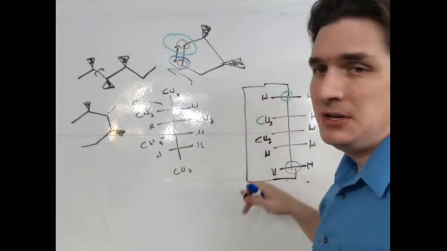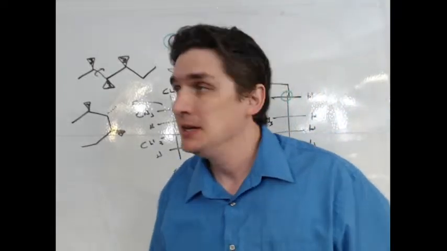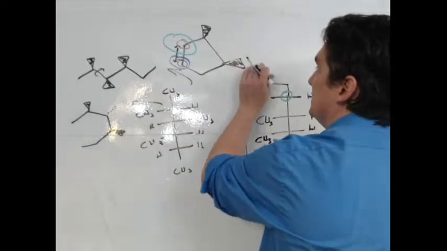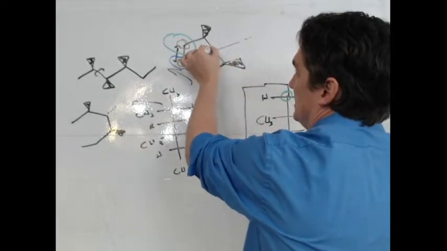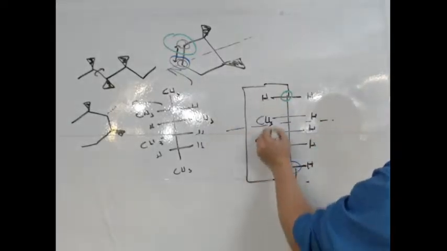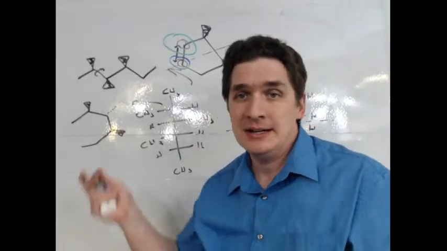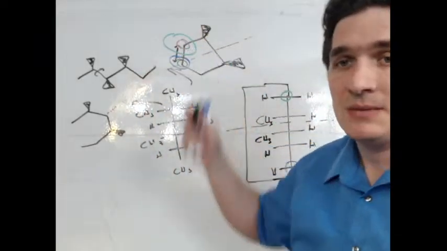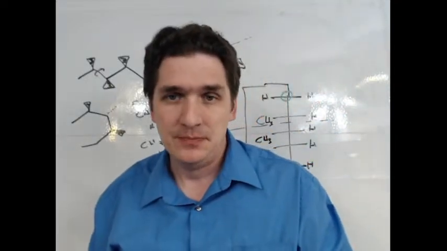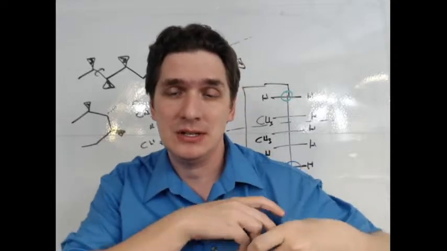But here, depending on where we start and stop in the Fischer projection, it's not as apparent if there's any mirror planes. So if I have something like this complex, here I don't see a mirror plane on the drawing because I can't draw a line here and say, oh, there's a 1-to-1 correspondence on both sides. But if I look at the line bond drawing, I definitely see that there's a mirror plane, so this is a meso complex.